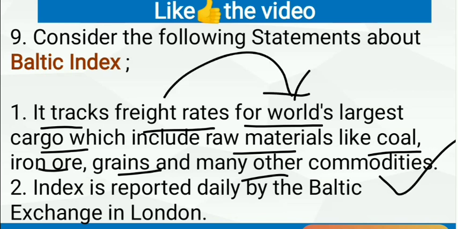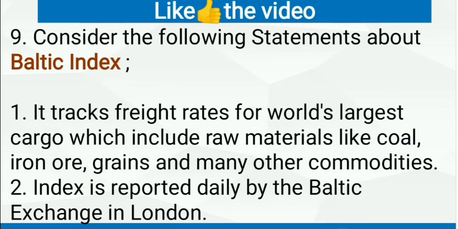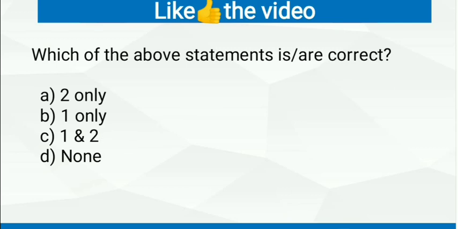It basically means that the index measures the cost required for the shipment of different raw materials, and this index is reported daily by the Baltic Exchange in London. This is also correct. So it is reported daily and it is released by Baltic Exchange in London. Both these statements are correct. C is the right answer.